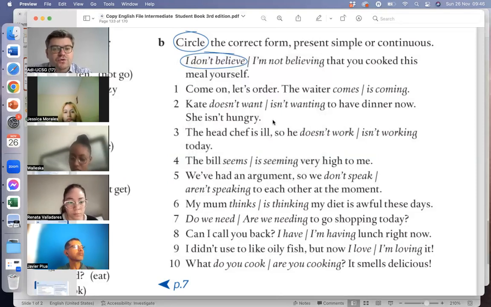I just want you all to work a bit on justifying. Why did you pick is coming? In this case, we pick is coming because it's an action happening right now as we speak. Okay, number 2. Does anyone have an answer for number 2?